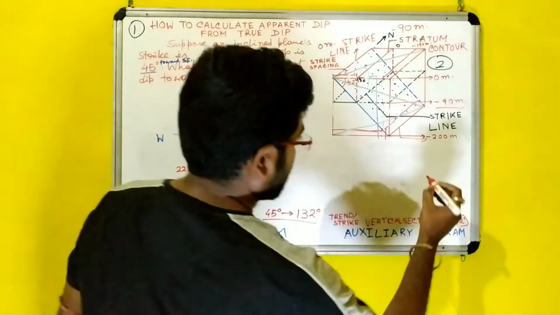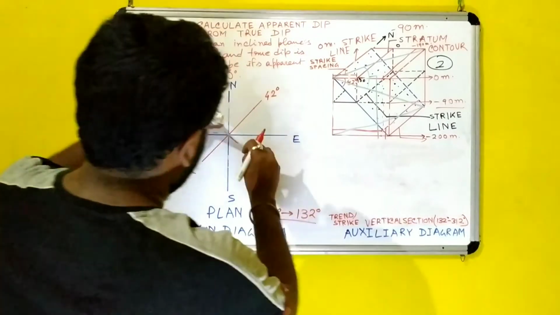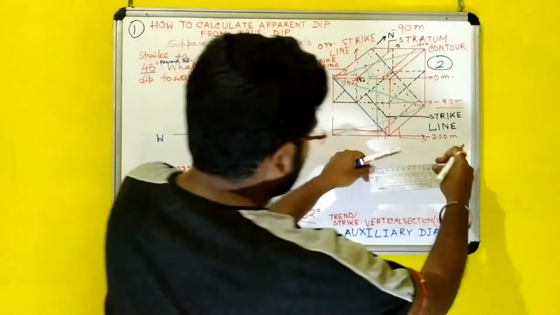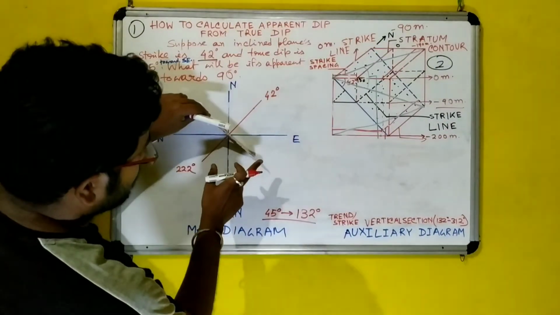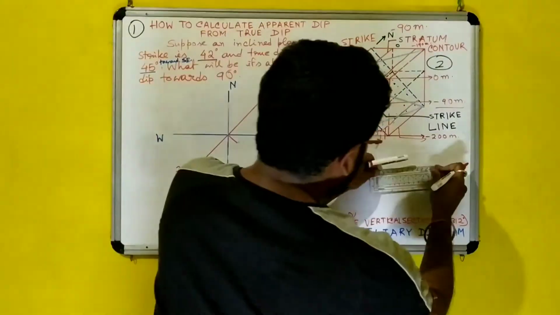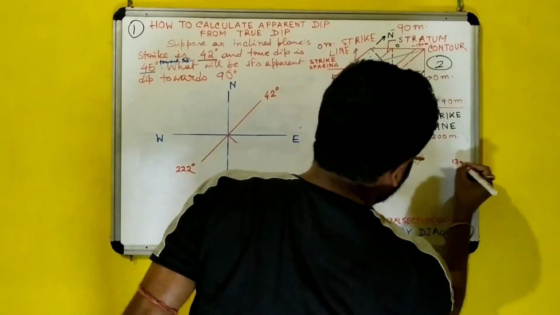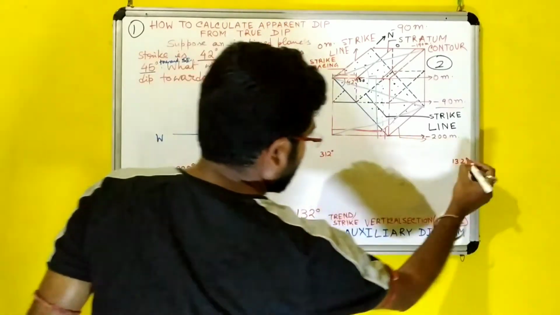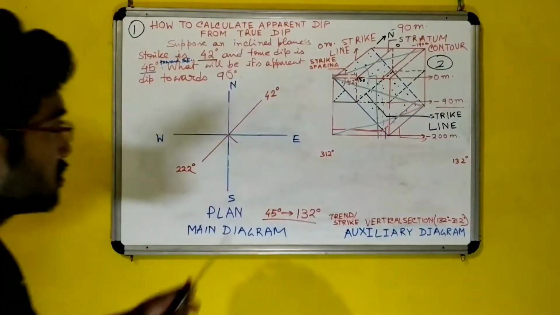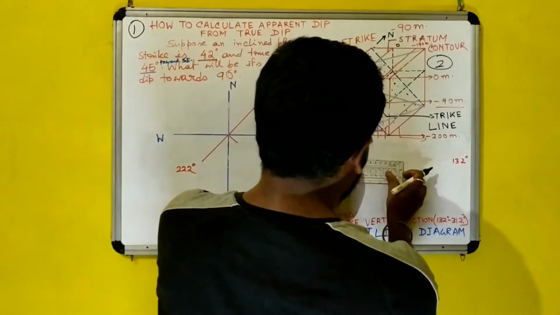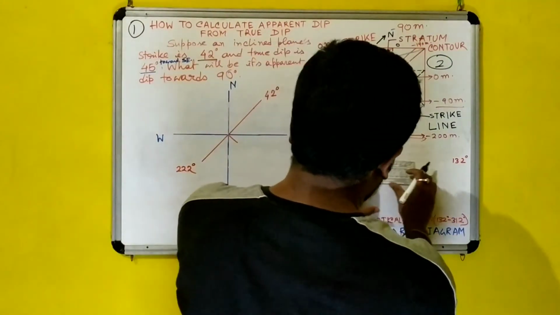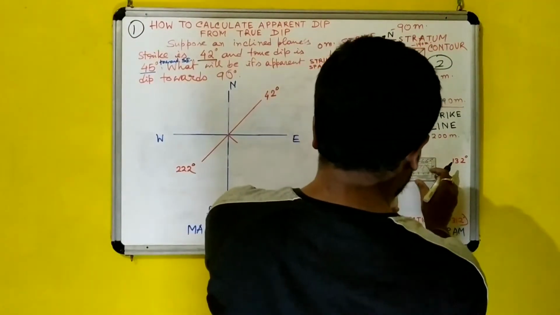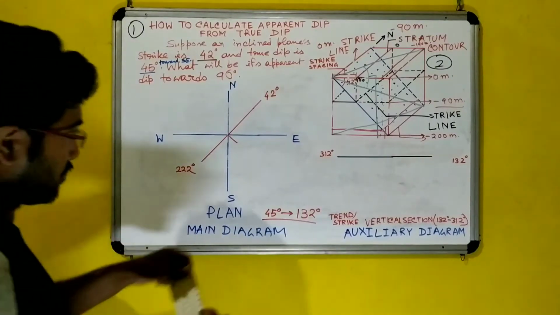So I am bringing this section into this, meaning this end was 132. I am bringing it here, meaning 132 this end and 312 this end. So for drawing the section, I have to consider one horizontal line first. This is the horizontal line.